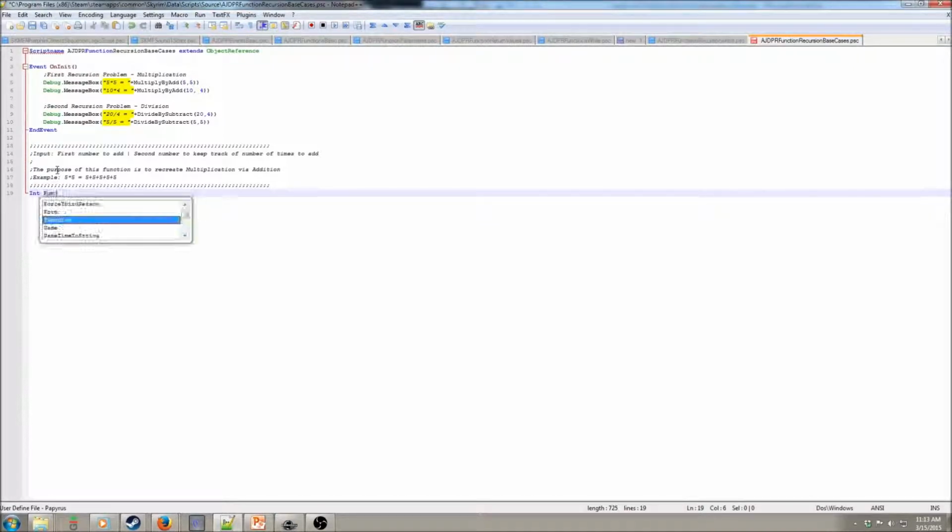So int function multiply by add is what we called it. And then we're going to give it int num to add, and int num times to add.